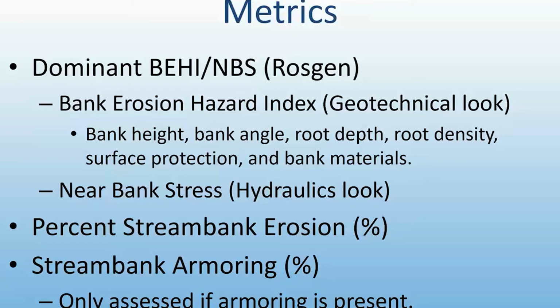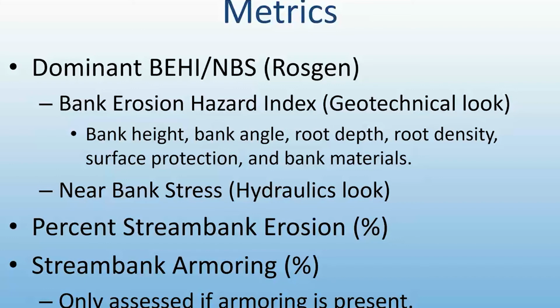And then for near bank stress, that's more of the hydraulic look. It says if water is hitting the bank, then there's more likelihood of erosion than if water is just flowing parallel to the bank. And there are about 7 different ways that near bank stress can be assessed. So that's one metric: dominant BEHI near bank stress is one metric.